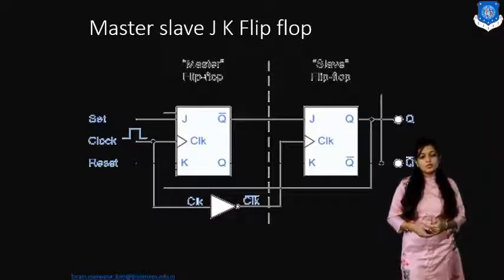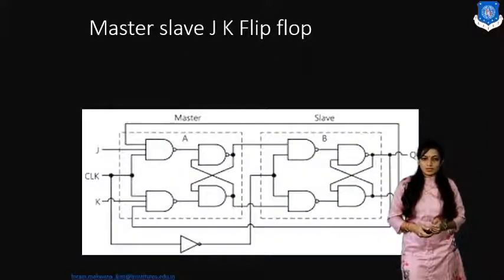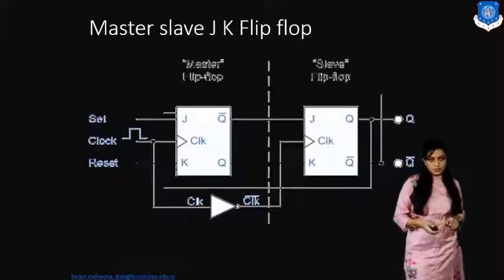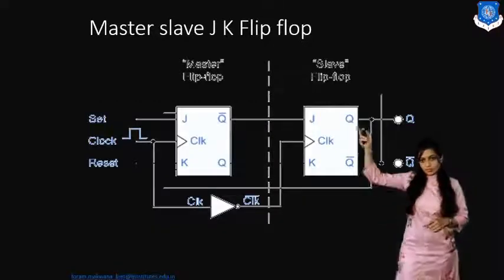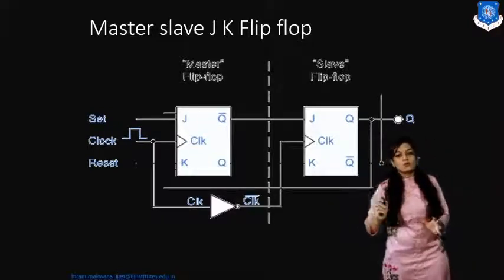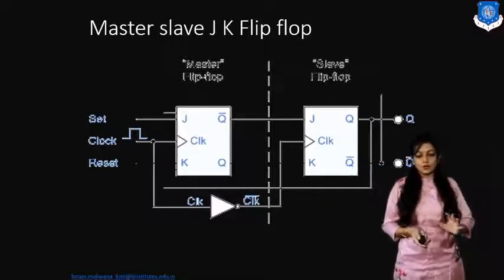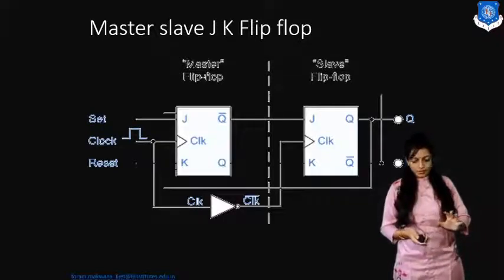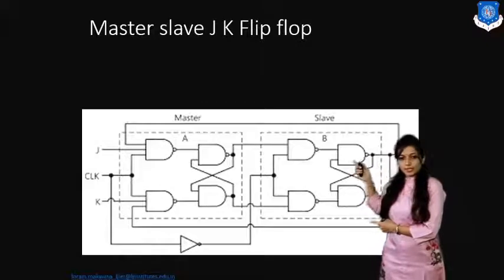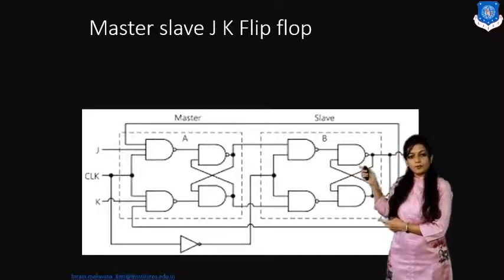Now, we are going to focus on the working of the master slave JK flip-flop. See, inside the box that we have seen over here, this box consists of a group of JK flip-flop NAND gates.